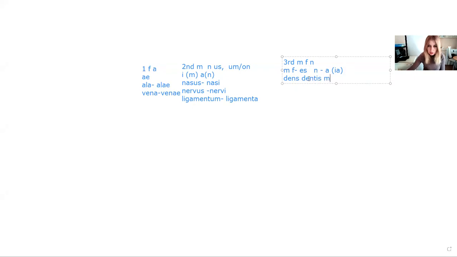We take genitive singular form, dentis, remove ending "is", and we get the stem. So stem will be "dent". Tooth is masculine gender, so if we want to make teeth, we have to add ending "es", and it means teeth, "dentes".